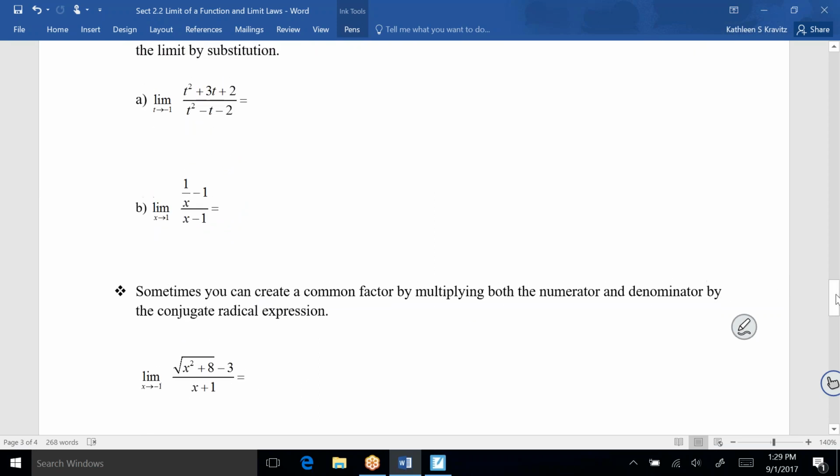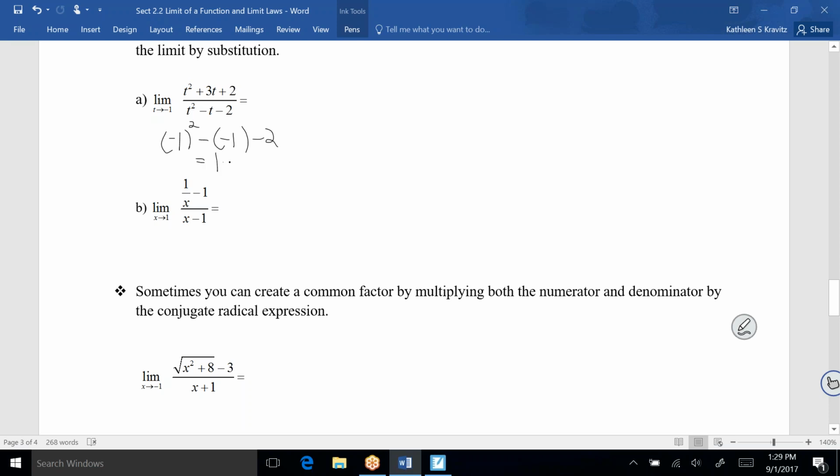So what we're looking at is trying to find common factors if we have a problem in the denominator, so maybe we can cancel. If we look at part A here, if we were to plug in a -1, because that's what we always want to try, we always want to see if we can plug that into the numerator and denominator. But what happens when we plug in a -1 into the denominator? We get -1 squared minus a -1 minus 2.